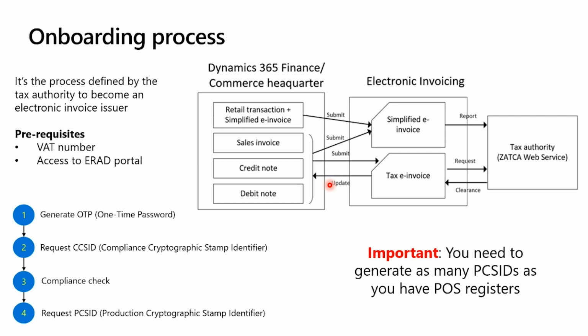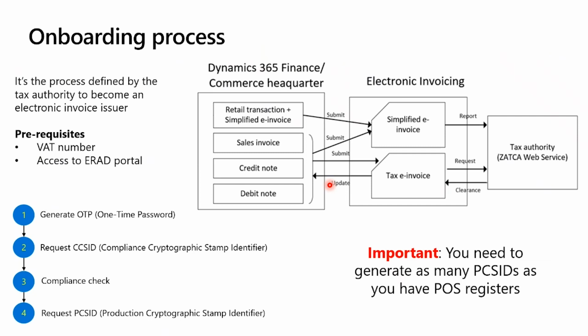This means that if you have 10 stores and 3 POS registers each, you will have 30 POS registers in total, and you will have to obtain 30 PCSIDs for these. And you will have to complete this onboarding process for these registers. We have some kind of semi-automation in our product to support obtaining these CSIDs in the form of scripts, but anyway, it may be an effort to obtain these identifiers and then set them up in the system.